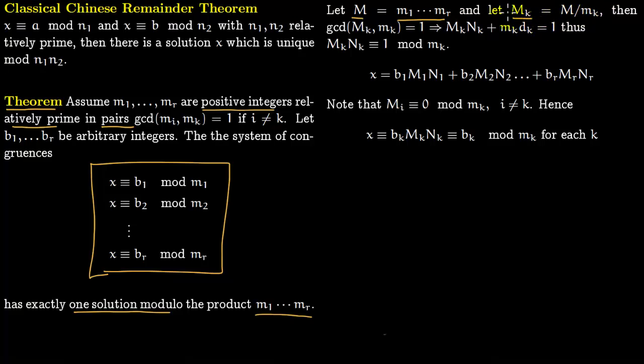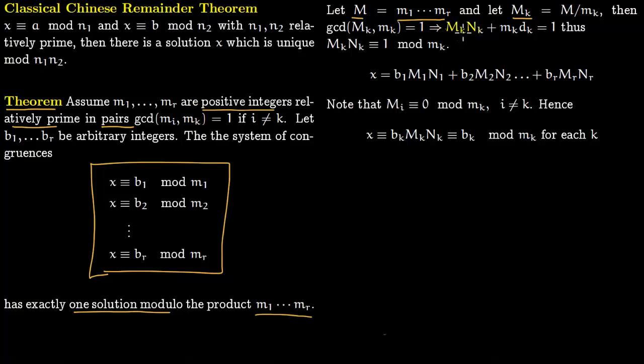Therefore the greatest common divisor of mk and capital Mk is 1, because capital Mk has everything except small mk because you have divided it out. So the greatest common divisor here is just 1, because all these are relatively prime to each other. So capital Mk is relatively prime to small mk.